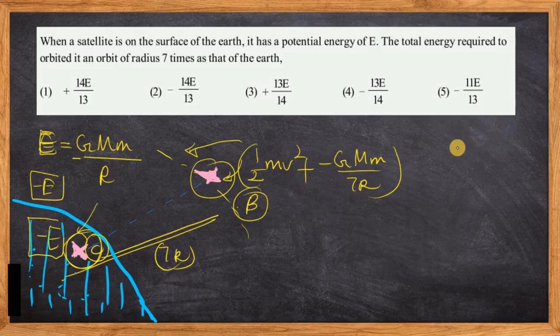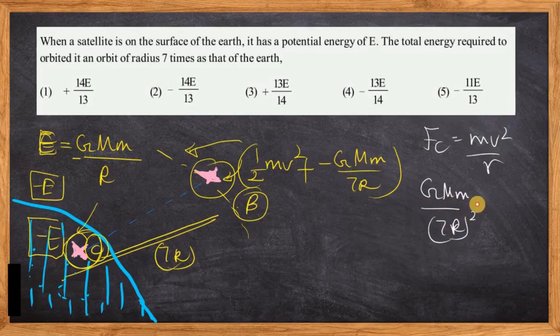So what I am doing is, I'm writing the circular motion equation. The centripetal force Fc is equal to mv squared over r. This is orbiting because of the gravitational pull. So it's GMm over 7r squared, and that should be equal to mv squared over 7r, right? So when we do the simplification, I am getting mv squared equals GMm over 7r.